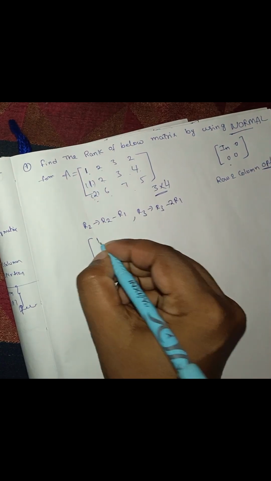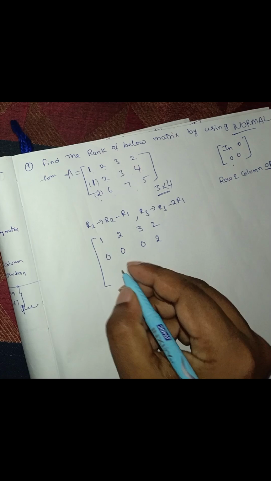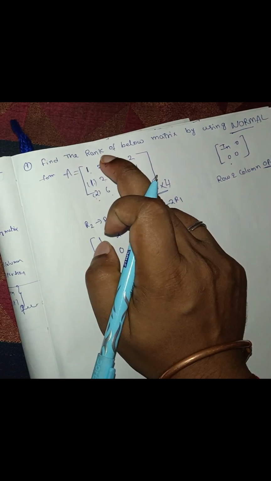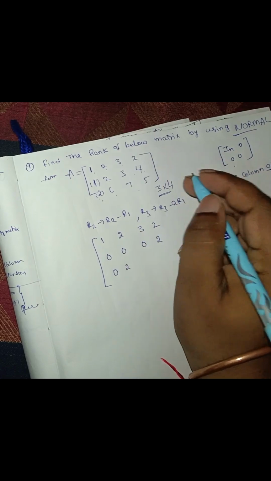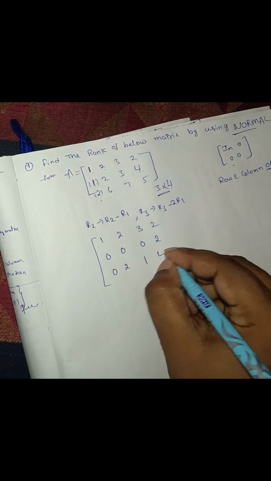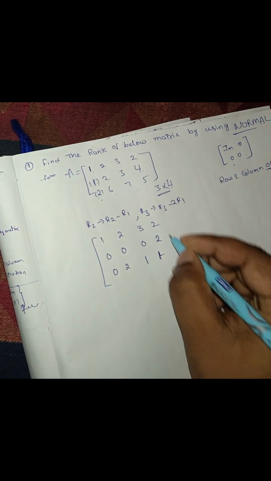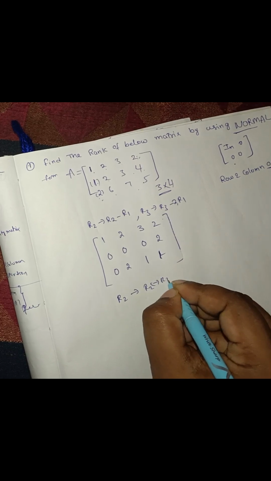So the first row remains unchanged: 1, 2, 3, 2. 1 minus 1, 0. 2 minus 2, 0. 3 minus 3, 0. 4 minus 2, 2. 2 minus 2, 0. 6 minus 2 into 2, 4; 6 minus 4, 2. 7 minus 2 into 3, 6; 7 minus 6, 1. 5 minus 2 into 2, 4; 5 minus 4, 1.